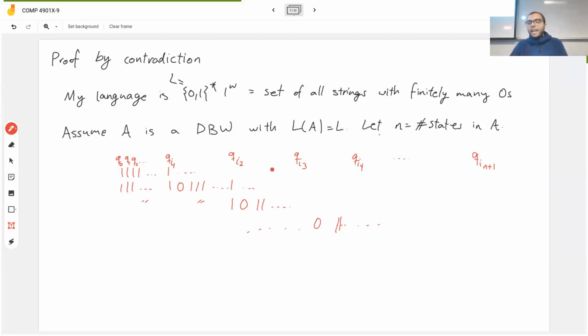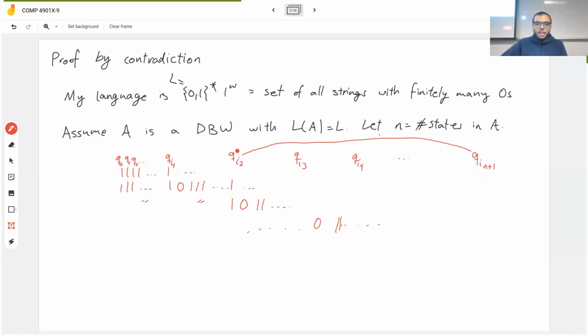But here I have n plus 1 accepting states, which means that at least 2 of them should be the same state. Just as an example, let's say that Qi n plus 1 is the same state as Qi2. I don't really care which 2 are the same. What I care about is that there are 2 states that are the same.